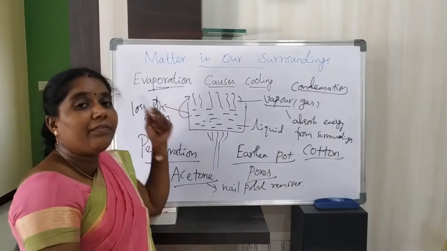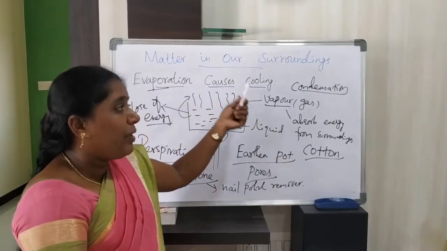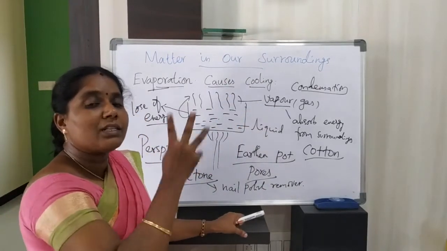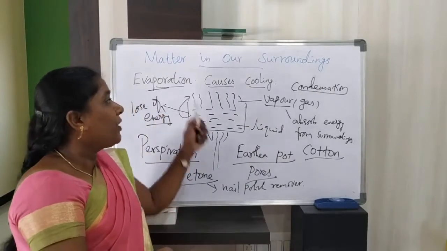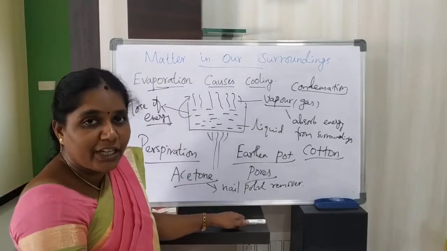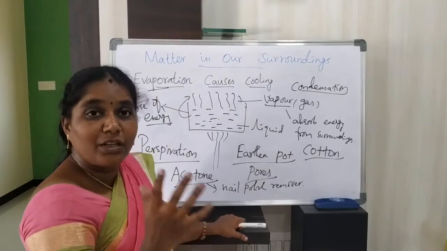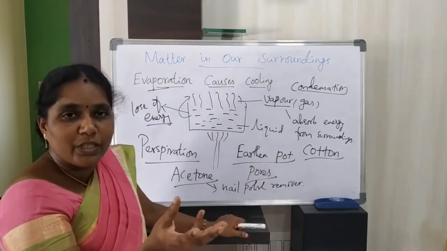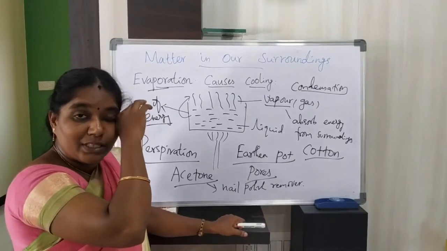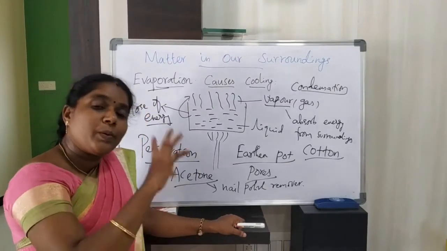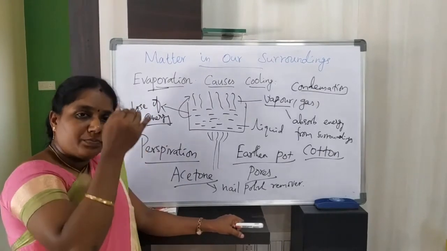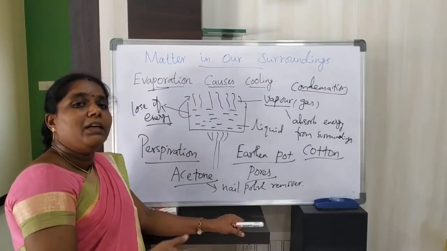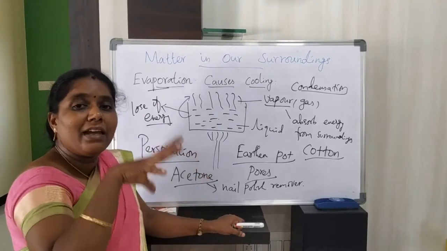During evaporation liquid is converted into gas, but during condensation gas is converted into liquid. During evaporation energy is absorbed and during condensation energy is lost. So both are considered opposite processes. And we have discussed the sublimation process also. What is meant by sublimation? That is the conversion of one state of matter into another state of matter without attaining any intermediate state.